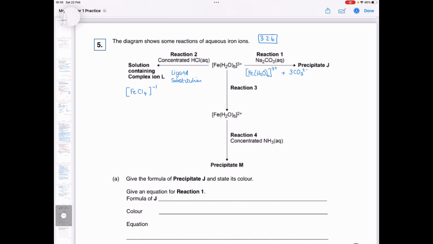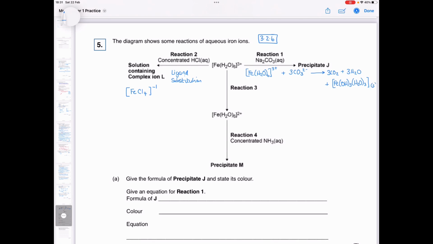So this is the hexaaqua 3+ ion acting as an acid, and it's going to make therefore 3 carbon dioxides, 3 water molecules, and it's going to make the solid, which is the hydroxide, and we'll still have 3 waters.